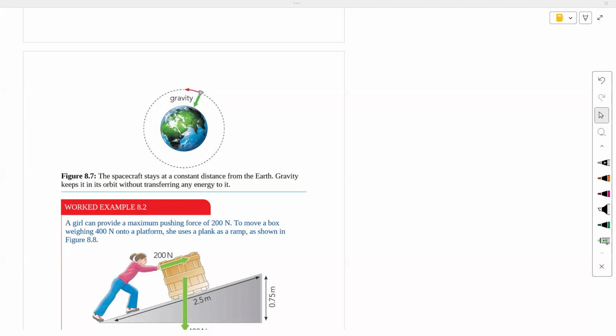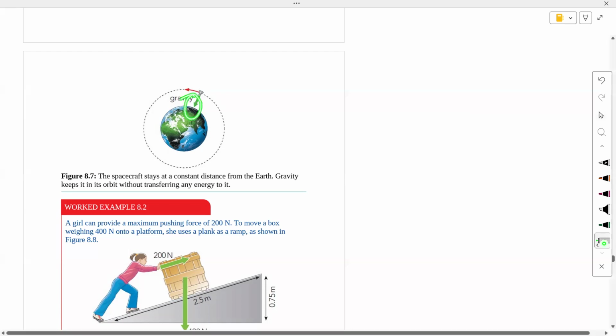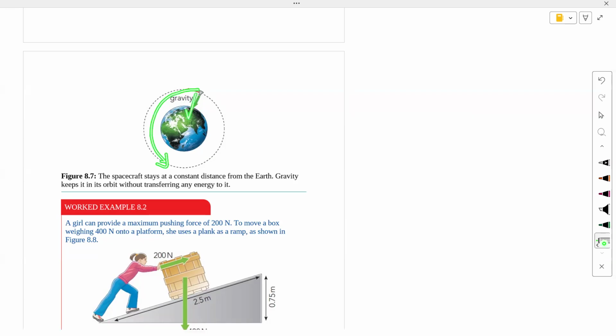What is the only condition of work done that I explained to you? Force times distance. That distance should be covered. So do you think the distance is being covered in the direction of force? Where is the force acting? Towards the center. And the distance is being covered along the circle. Do you think they are in the same direction? Not really. So it's zero work.